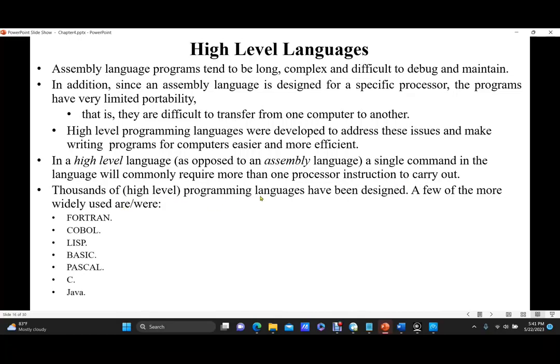Thousands of high-level programming languages have been designed. A few of the more widely used are Fortran, COBOL, Lisp, BASIC, Pascal, C, and Java.